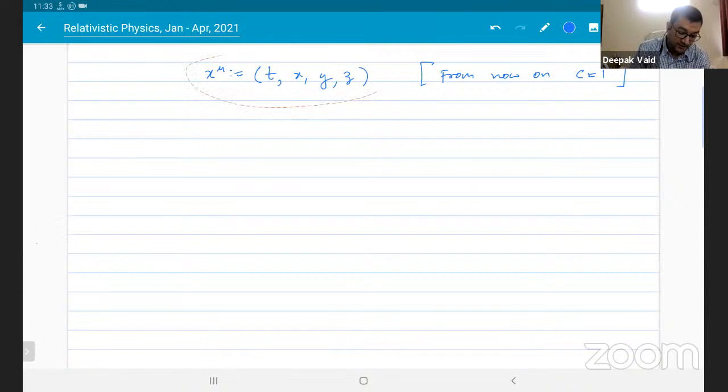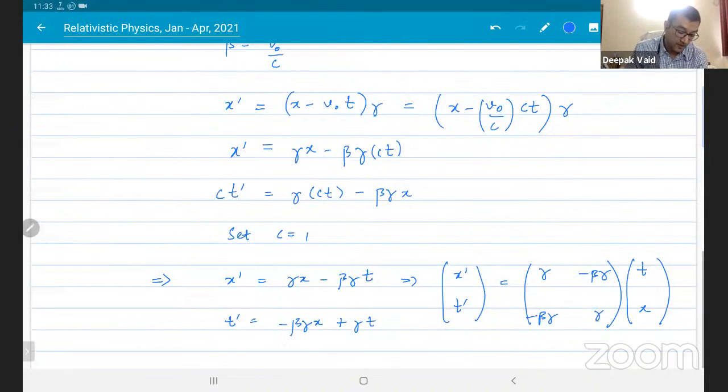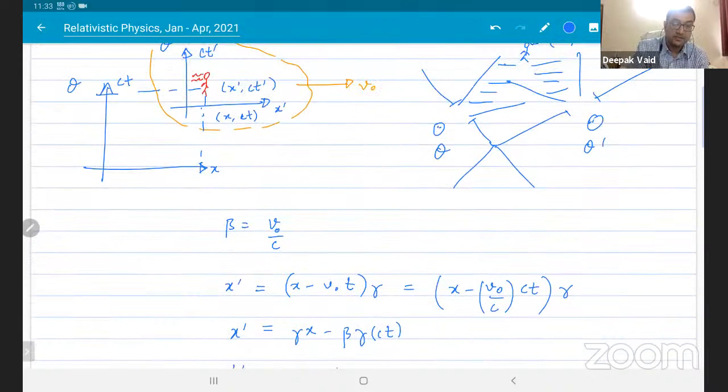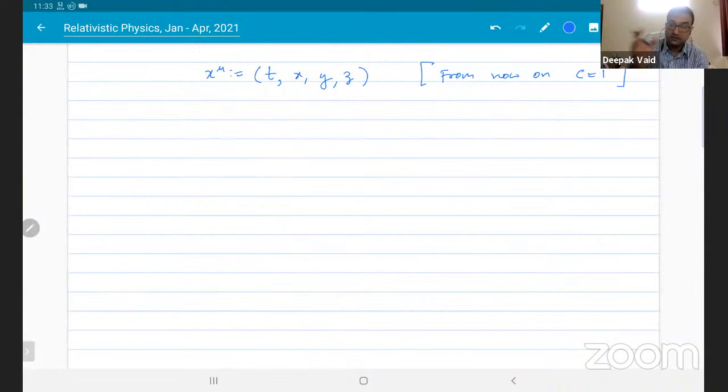So this is a space-time point. It has 4 coordinates. We have only looked at the transformation of these 2 coordinates. And that's fine, because right now we have made the assumption that the 2 x-axes are aligned, and the relative motion is along the x-axis.